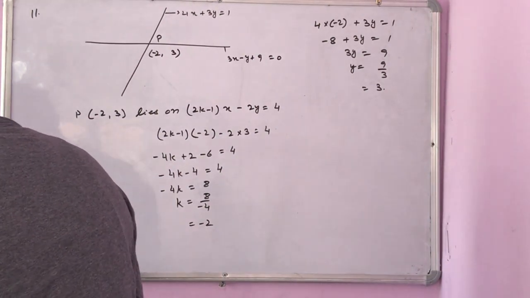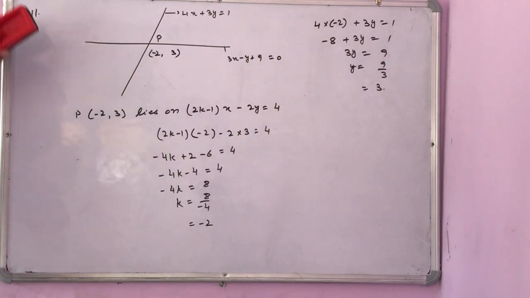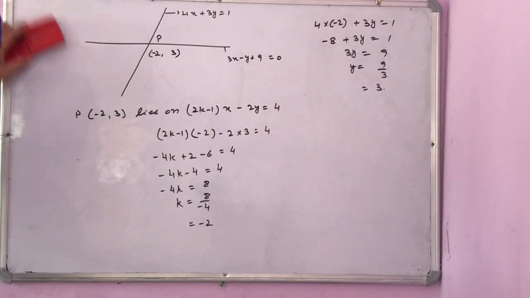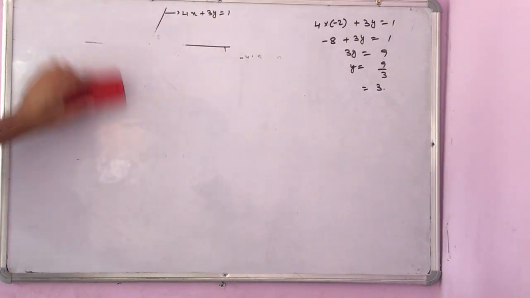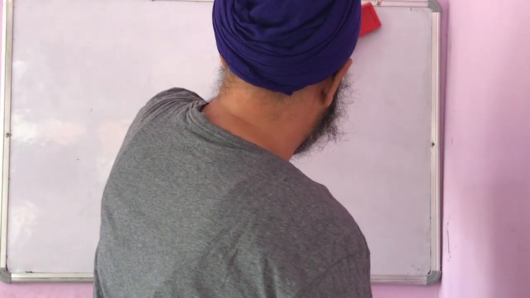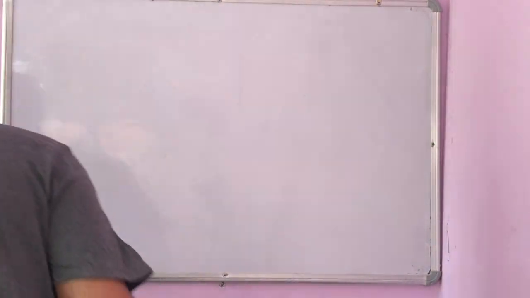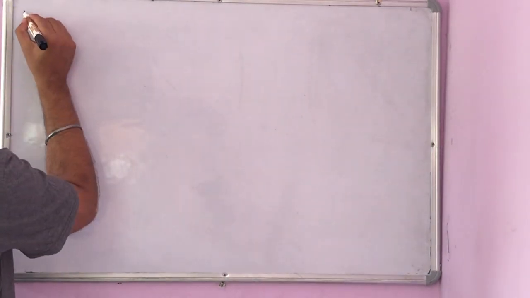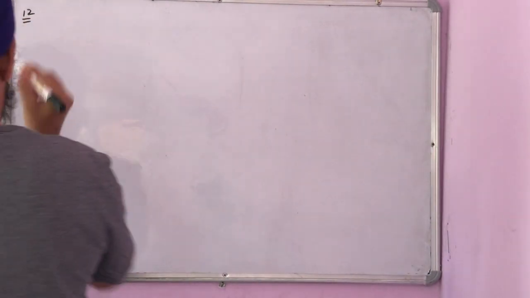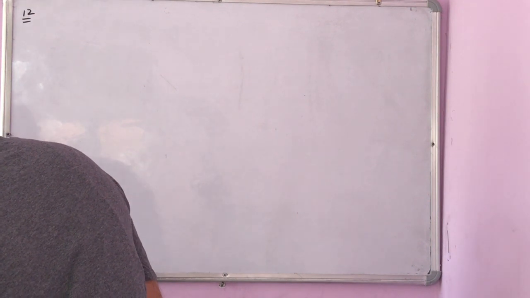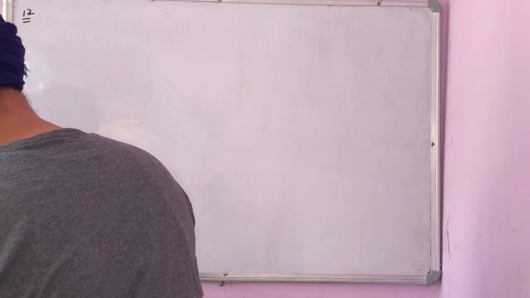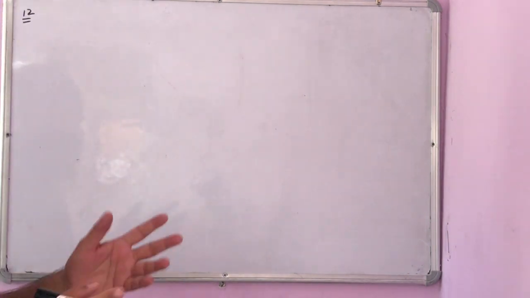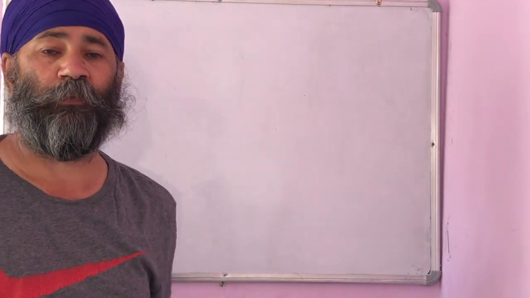Then question number 12: show that the three lines 2x plus 5y equal to 1, x minus 3y equal to 6 and x plus 5y equal to minus 2 are concurrent. So students, what is the meaning of concurrent lines?